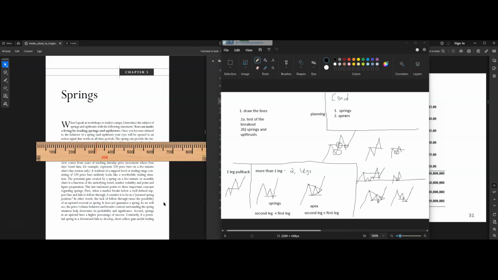This is nothing more than finding a high and a low, putting a line, and when price goes to the line, alert, look at it, what's going on, did it spring, yes or no? On the spring, what happened? Heavy buying on the spring, I'm looking for longs. Simple as that.